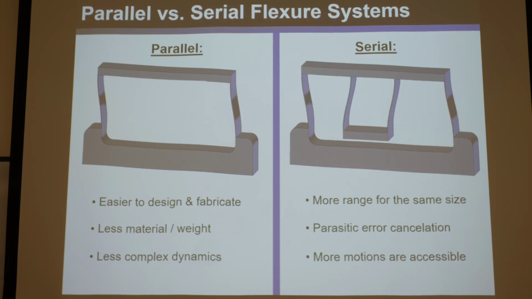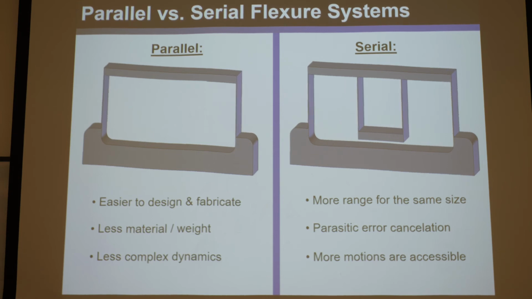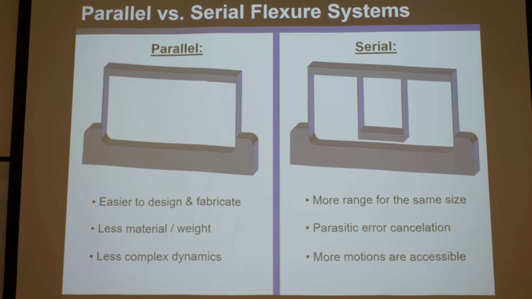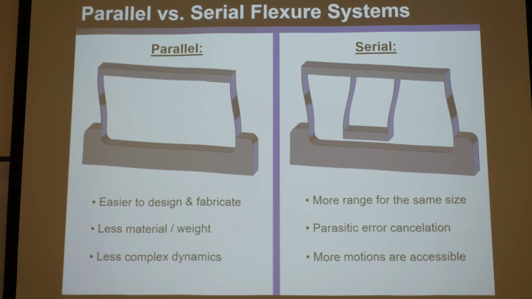But the reason is, first of all, it's easier to design, so it's going to be simpler. So you'll adhere to the principle of KISS, keep it simple, stupid, right? And it's going to be easier to fabricate. There's less stuff, less material, less weight. That's usually good. And there's also less complex dynamics. You just have one stage that's bobbing around. You don't have intermediate bodies that are bobbing around that you have to keep track of.